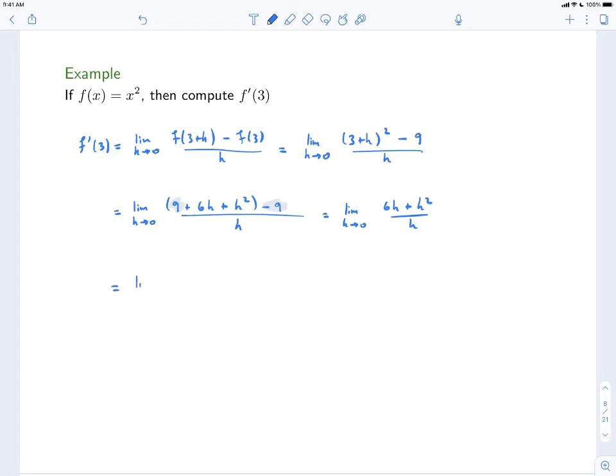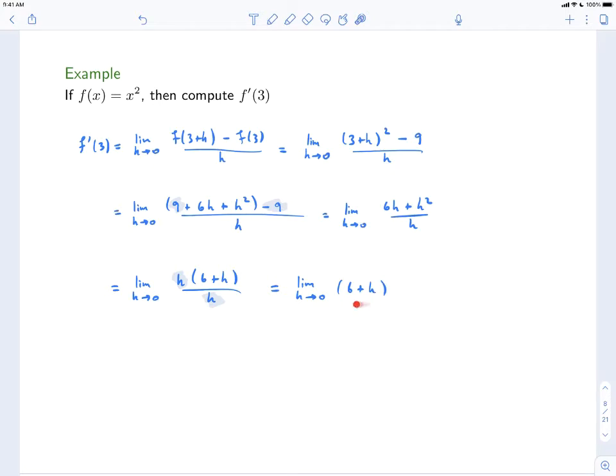We'll have the limit as h goes to 0. We factor out an h in the numerator, 6 plus h divided by h. So now we have a factor of h in the numerator and a factor of h in the denominator. We can reduce this expression, and we'll have the limit as h goes to 0 of 6 plus h.